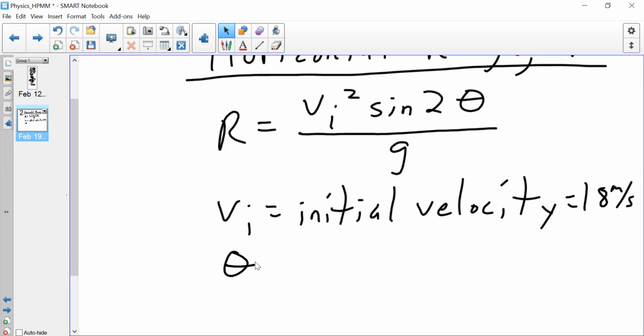So in a good experiment, you want to change one variable at a time. In this case, we're going to be changing the angle theta, changing it from 25 to 65, or 35, 55, or 70, 20. We're only going to be changing theta to produce these R's. R is going to be dependent on theta. We keep VI and G constant because we don't want to be changing all the variables.